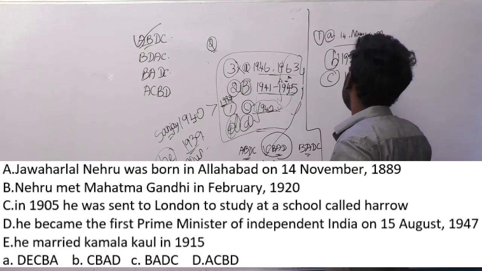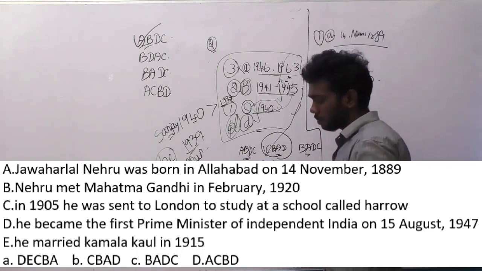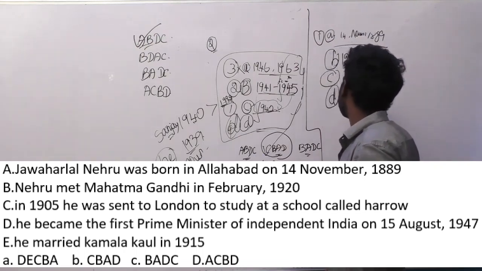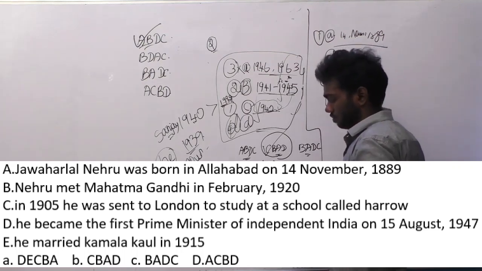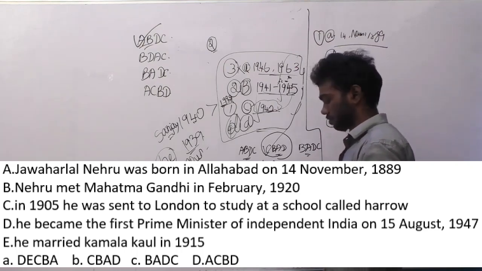Option C is 1905. And option D, he became the first Prime Minister of independent India on 15th August 1947. So this is the fourth, and the fifth one is, he married Kamala Kaur in 1915.